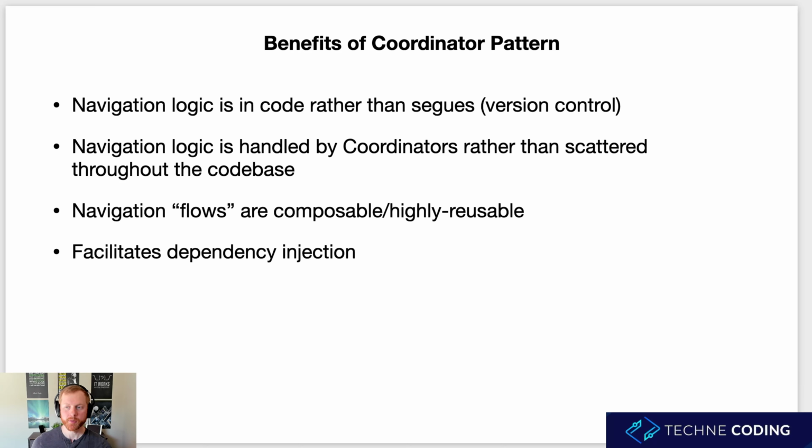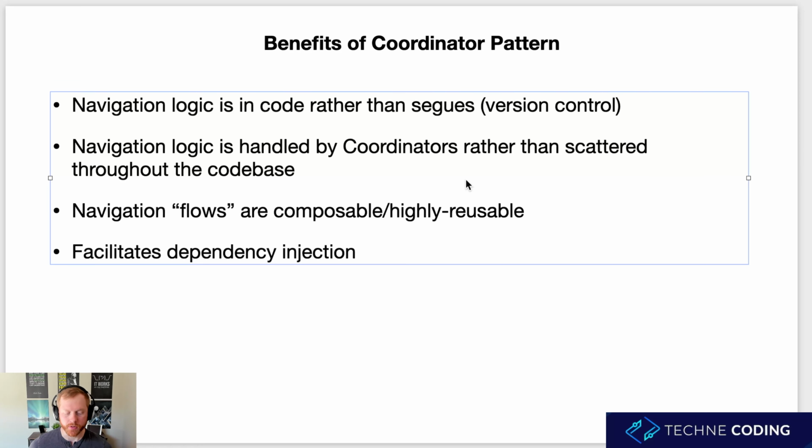So the coordinator pattern was created to solve a lot of the navigation logic and help avoid some of the downsides to using segues. The nice thing about this is all of the navigation logic is in code rather than segues, and it's much more easily version controlled. A couple other benefits: all the navigation logic is handled with one object, not scattered throughout the code base.